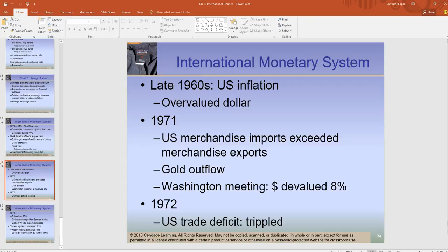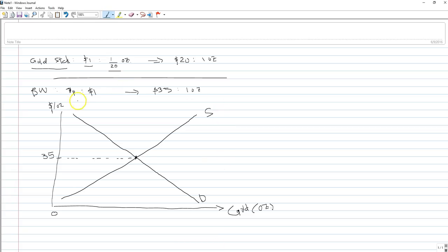What is a dollar depreciation in relation to gold? So instead of $35 per ounce of gold, a depreciation of the dollar will mean something like, let's say, 40 dollars per ounce of gold.